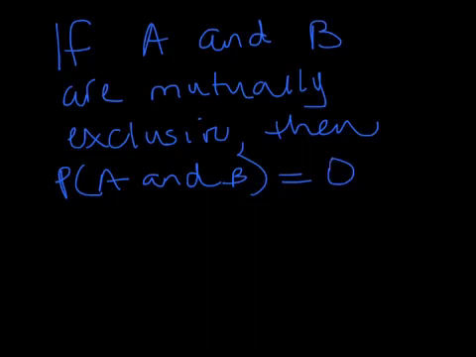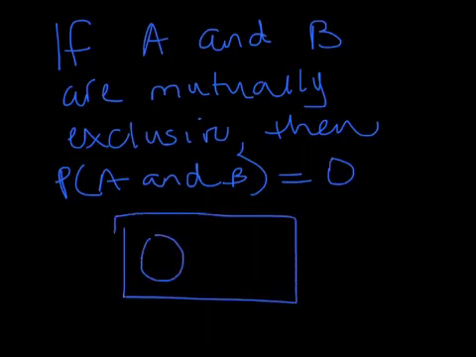It would look like this: A over here and B over here, no overlap. That would be like getting a 4 or a 5 when you're choosing cards. Those aren't going to happen together, so you just add up my chance of 4s and my chance of 5s. So that's an example.